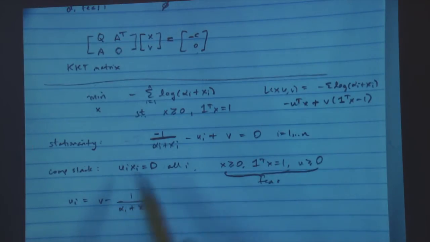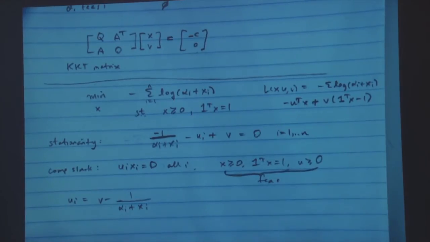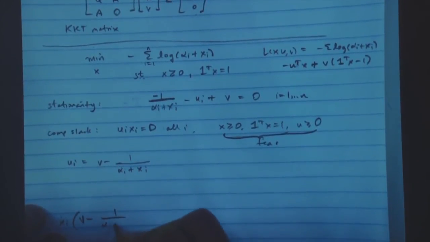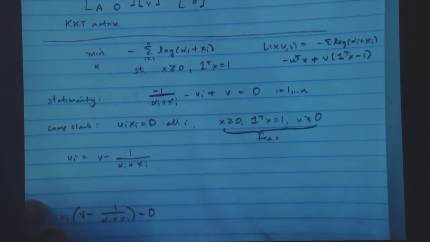Then we can plug that in and get a different complementary slackness condition: x_i times (v minus 1 over alpha_i plus x_i) equals 0. It's our new complementary slackness condition.